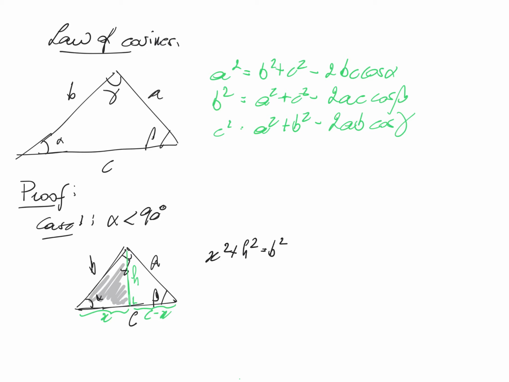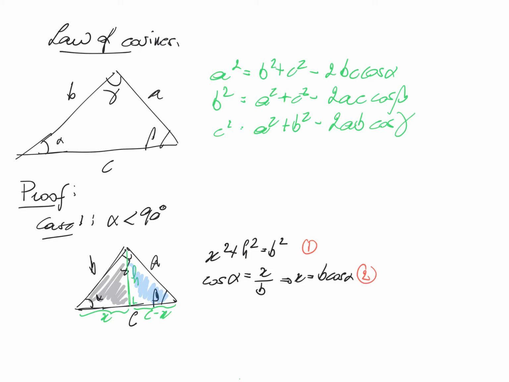Furthermore, the cosine of alpha is the adjacent divided by the hypotenuse, so it's x divided by b. Rewriting this gives x equal to b times cosine alpha. This is my second formula. Then we move to the blue right-angled triangle.